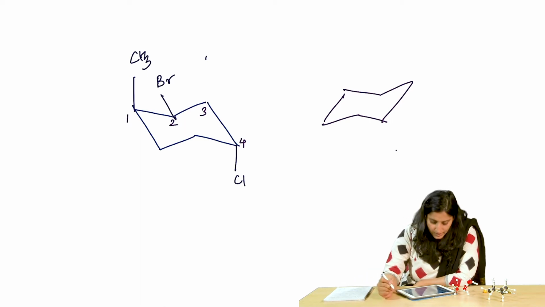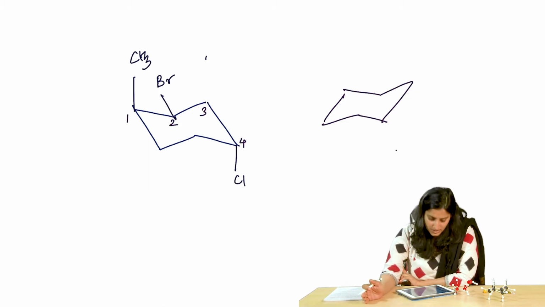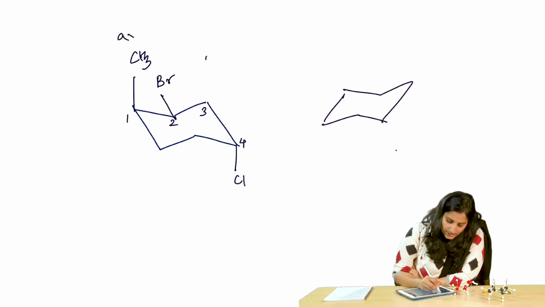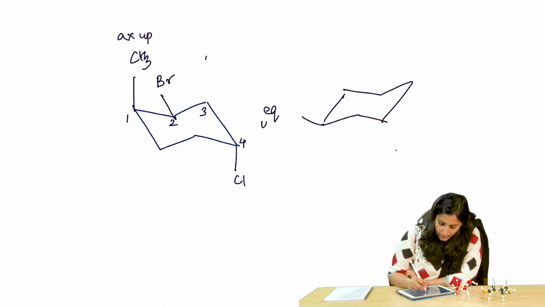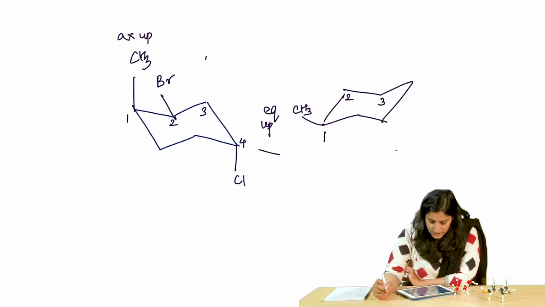We have gone over that, and we also saw that as the chair flips, the axial becomes equatorial and equatorial becomes axial. So, methyl here is axial up, and as it flips it is going to go equatorial up. So, this is axial up and the methyl will be equatorial up in the other chair.